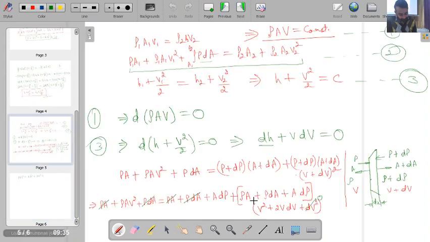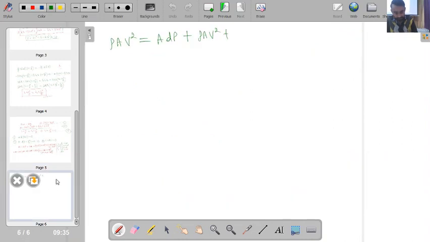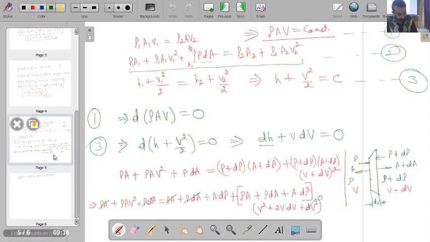Rho A V square plus 2 rho A V dV, then rho V square dA.